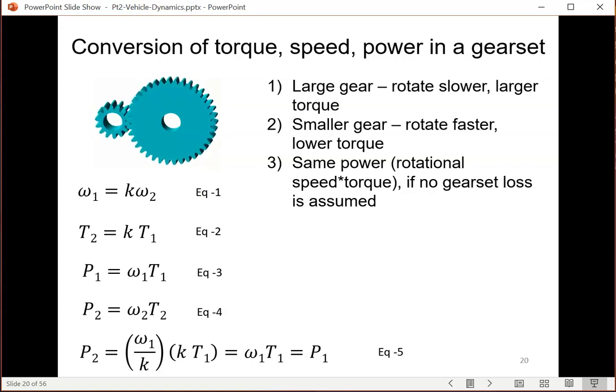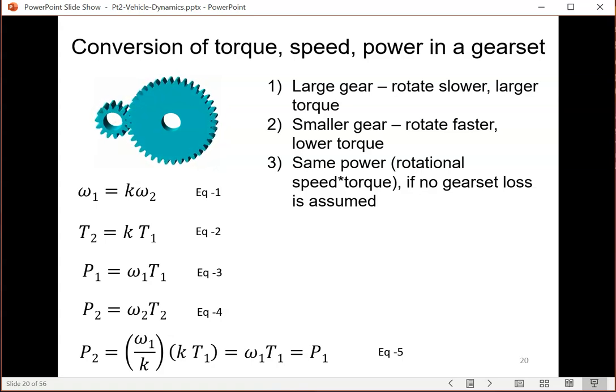Now, the relationship between the torque at the first wheel and second wheel is the reverse of the relationship between the rotational velocities. So in this case, T2 equals K times T1, as indicated in equation 2. So if K is greater than 1, then omega 1 will be greater than omega 2, but T2 will be greater than T1, that's the torque on the smaller disc.